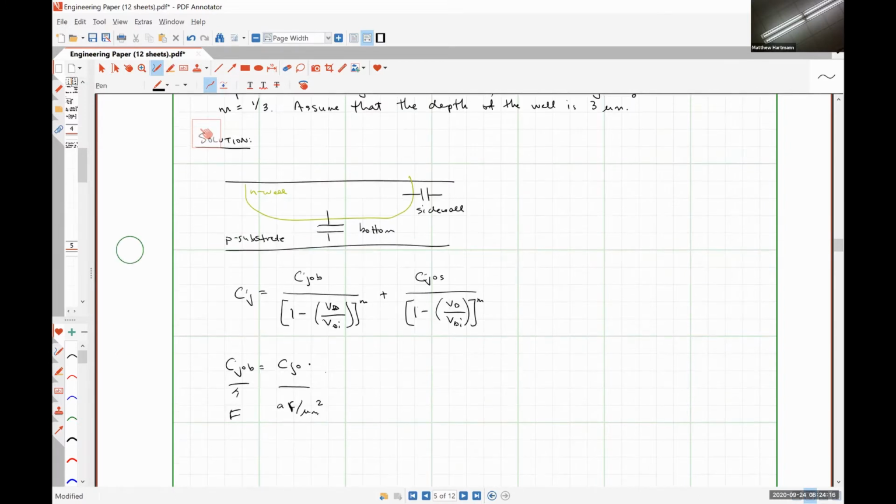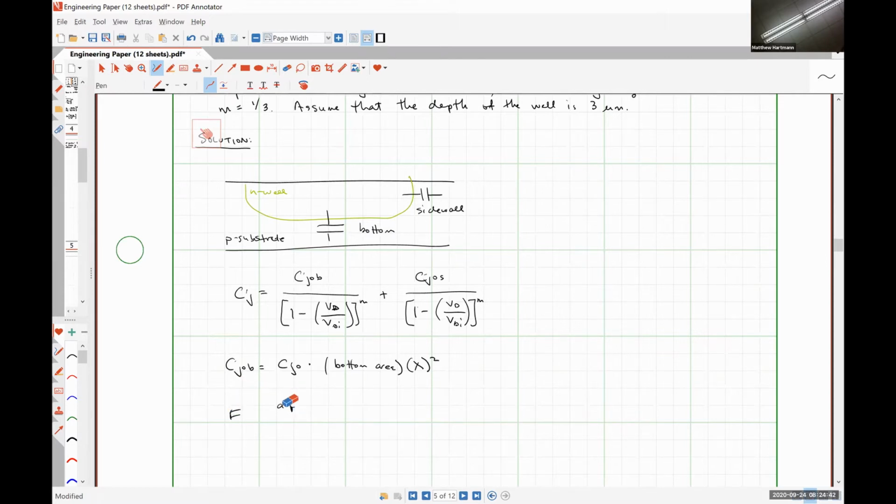So let's be more explicit here. The bottom area times our scaling factor squared.